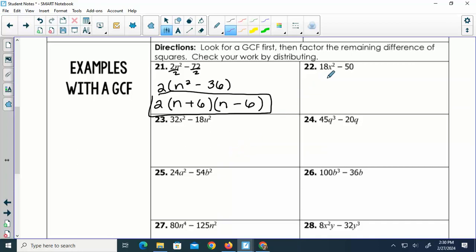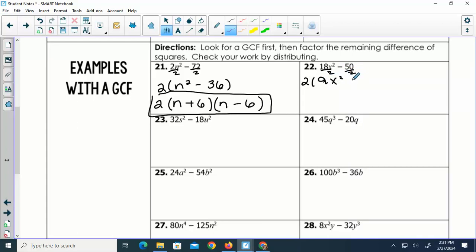All right, so 22. What can I take out of both of those? 18 and 50, what are they both divisible by? 3? 2, they're both even numbers. 4? I don't think you can do 4. So 18 divided by 2 is 9.